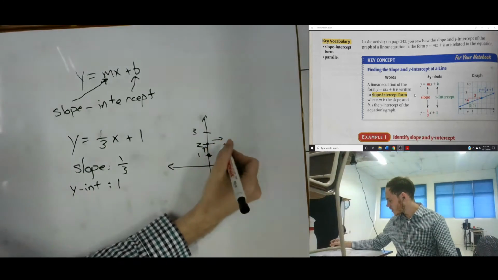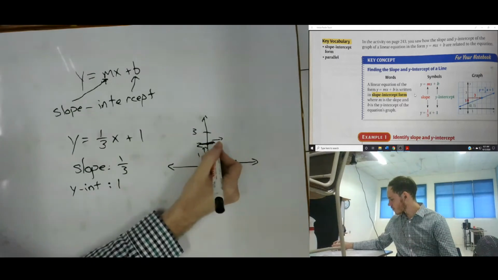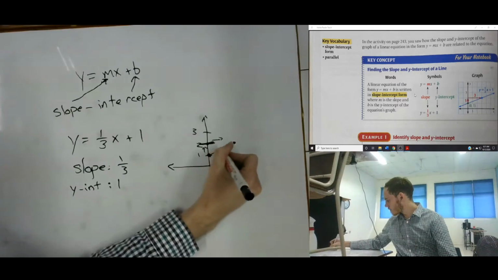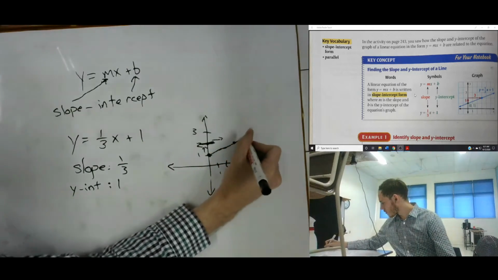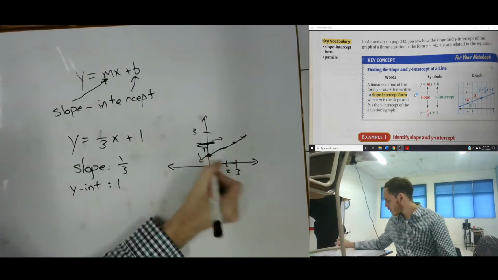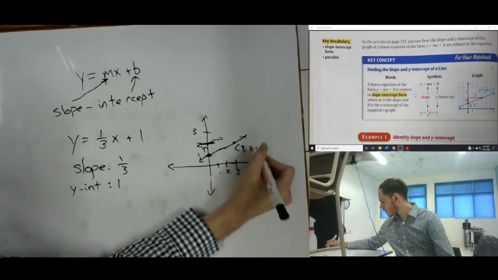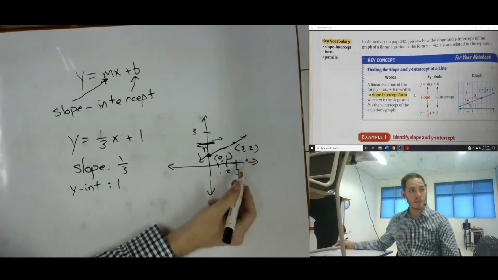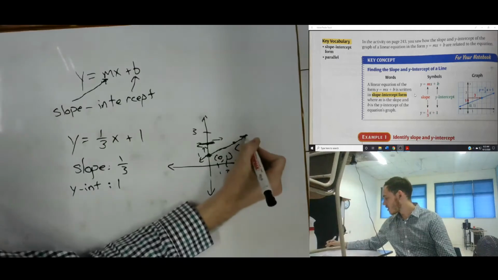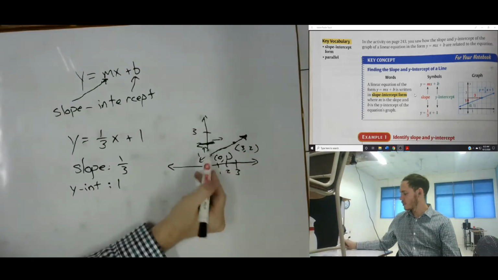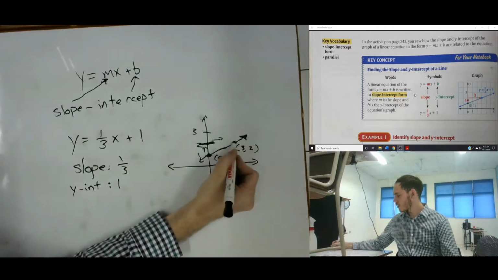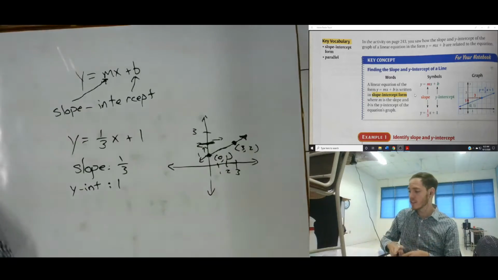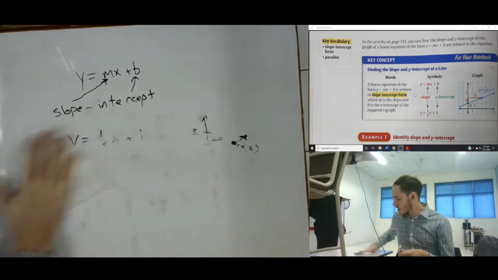So we plot the point right here. We get the points (3, 2) and (0, 1), and that's going to be our line. Our line is going to be between those two. The only thing you need is to plot the y-intercept and then the next point using the slope.